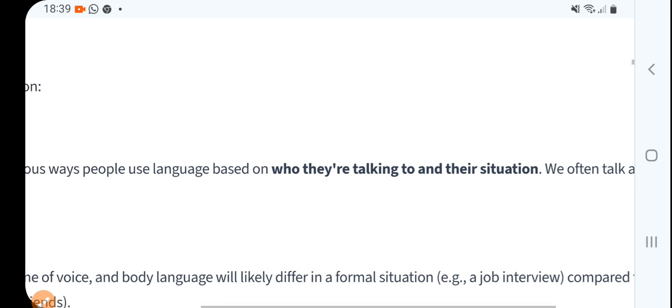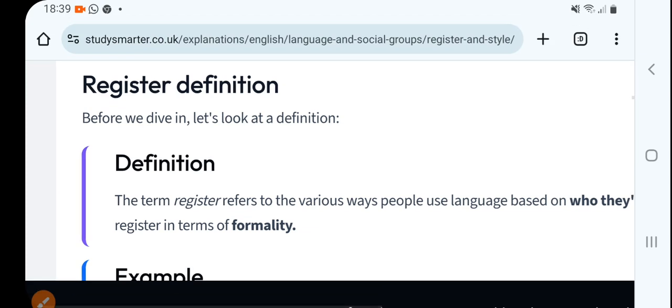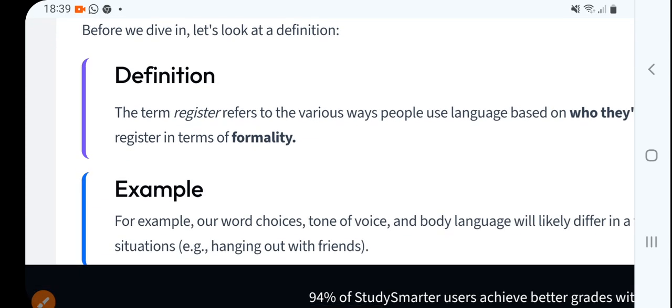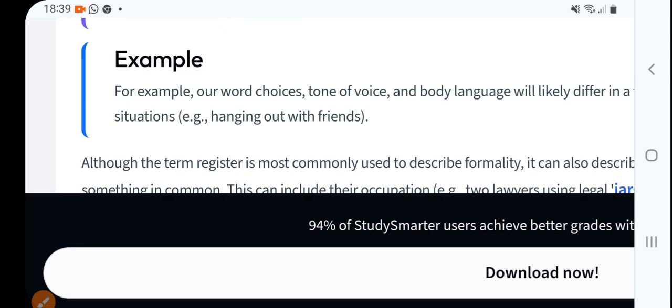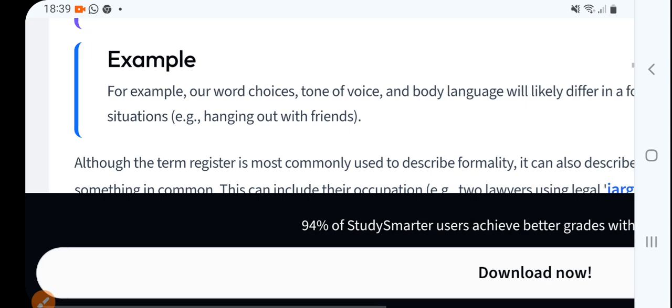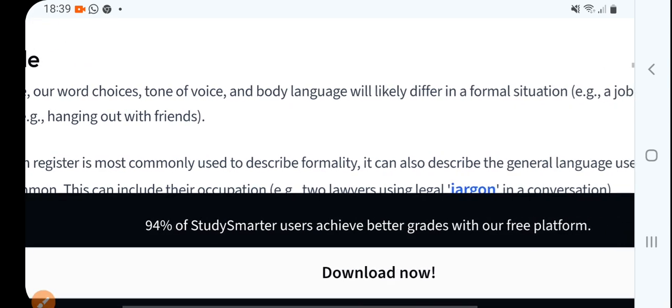We often talk about register in terms of formality. Register means formal or informal. For example, our choice of words, tone of voice and body language will likely differ in a formal situation.